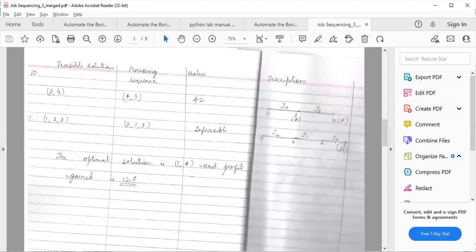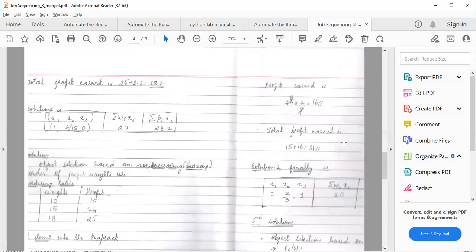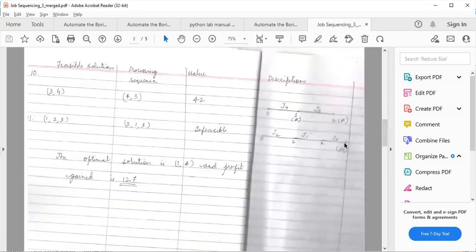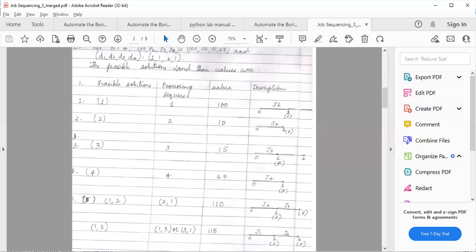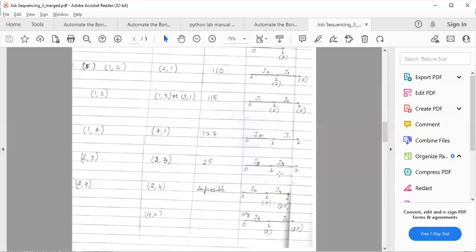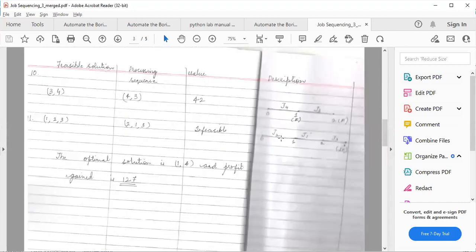But job 3 also should be completed, and job 3 has a deadline of 2. After job 2 and job 1 are accomplished, the third has to be lined up, and it is going to complete at 3, which is greater than the deadline. Therefore, this also is infeasible.